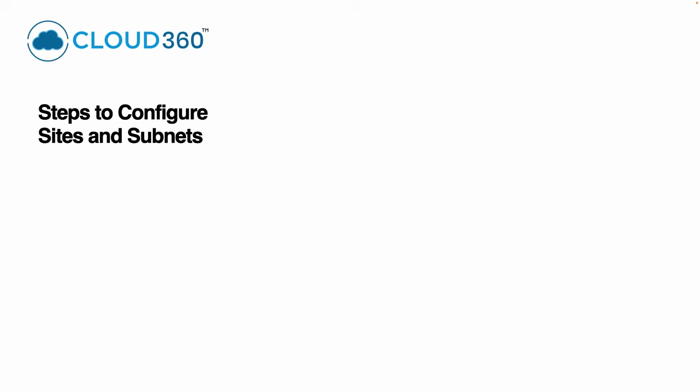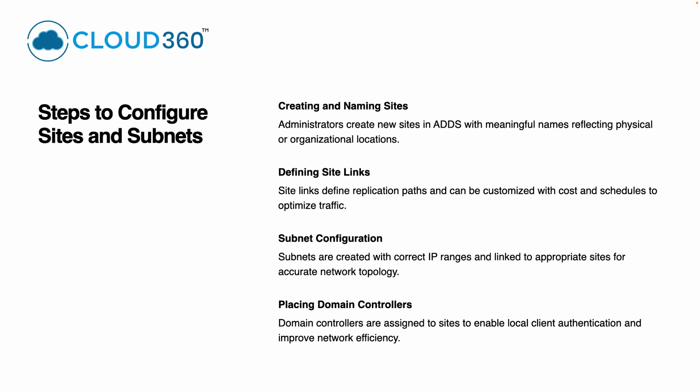Now let us talk about the configuration steps. For the configuration of sites and subnets in Active Directory, we need to follow several key steps to ensure the accurate representation of the network topology. First, the administrators open the Active Directory Sites and Services Management console, wherefrom they create the new sites, and then they can link these sites together by creating the site links.